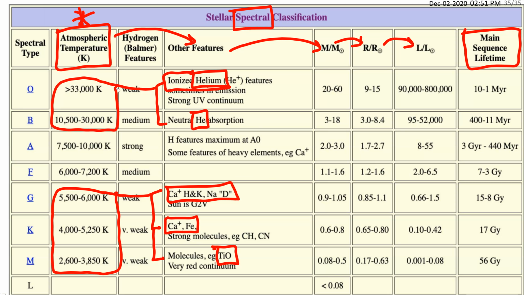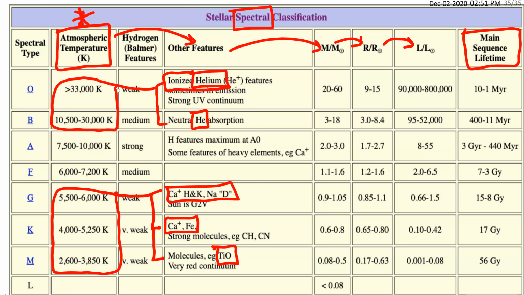Once the star cools down sufficiently, it can no longer cycle those elements through. And if it can't cycle them, that's when we see them. So the elements that are produced are dependent on the temperature of the star. So we can say ipso facto that the spectra of a star is an indication of its temperature.